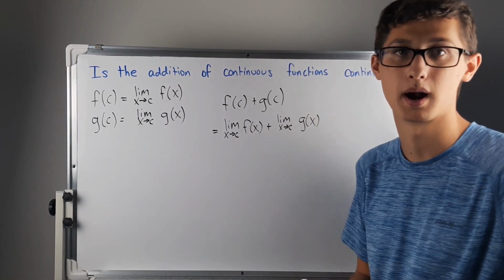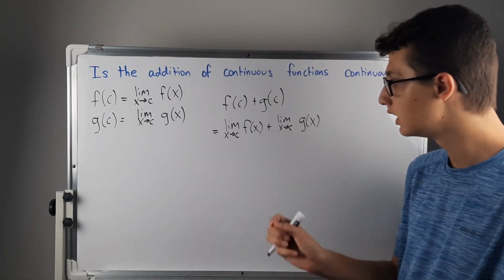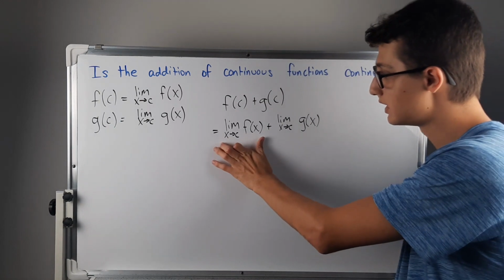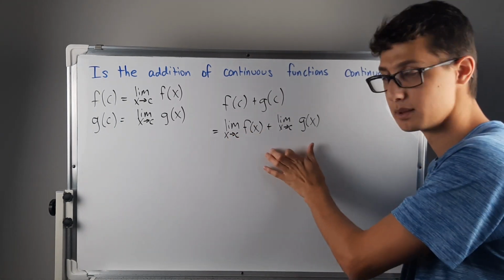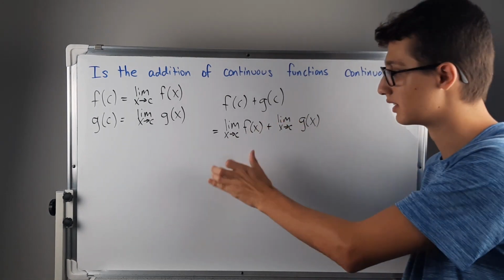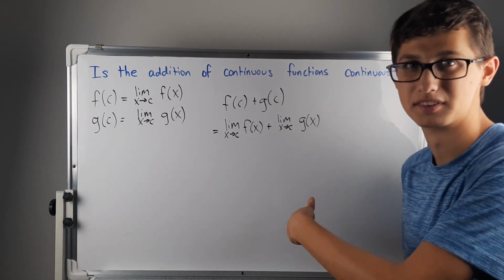Here's the second property that I was telling you about. Here's where it comes in. In order to proceed, you need to know that the addition of limits is equal to the limit of a sum. So the sum of the limits is equal to the limit of the sum, essentially.